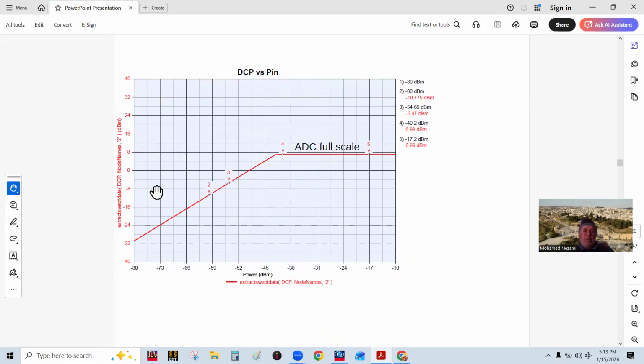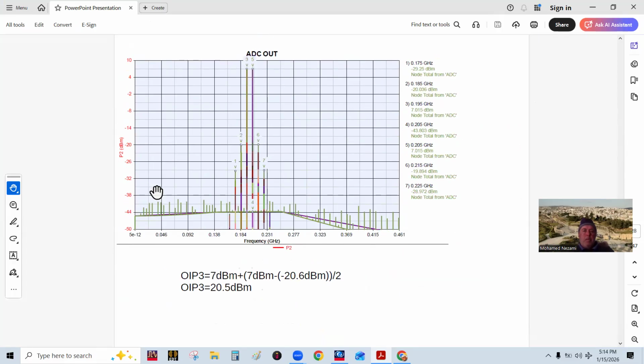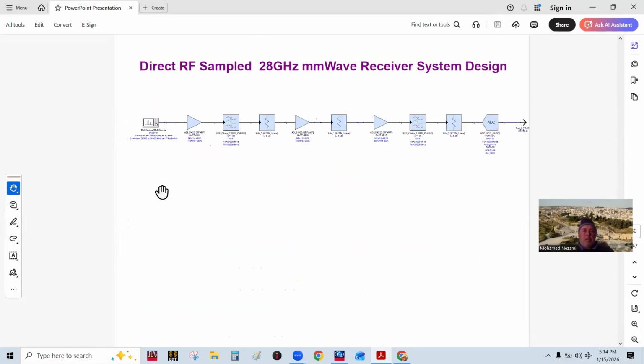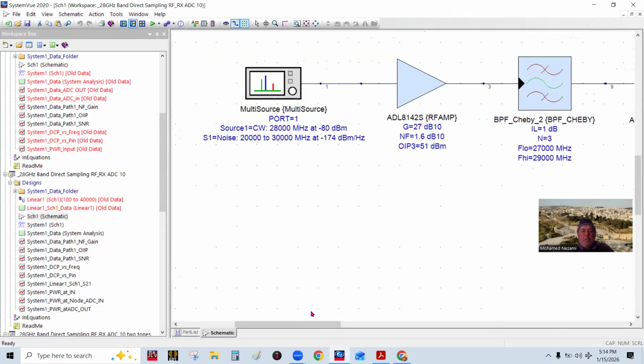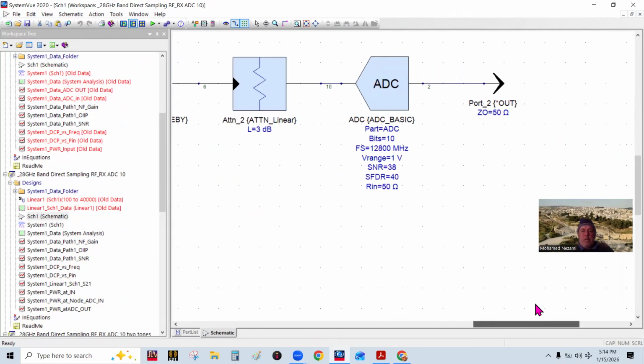So we did all of this. Okay, so we're going to go to the second example, which is this. And this example in here is a little bit different. So we have a 28 gigahertz signal with 100 megahertz bandwidth, and the ADC is running at 12.8 gigasamples per second, okay, in here.